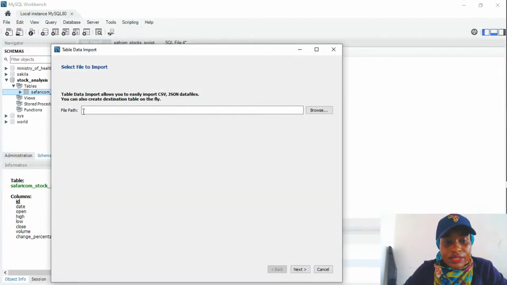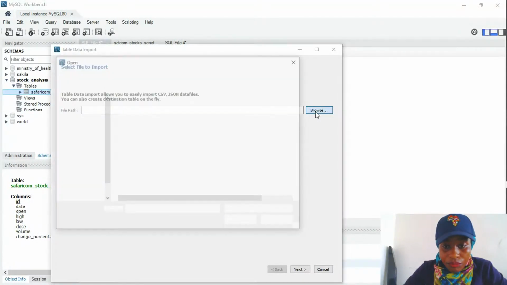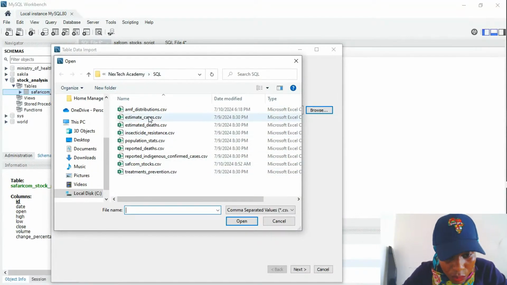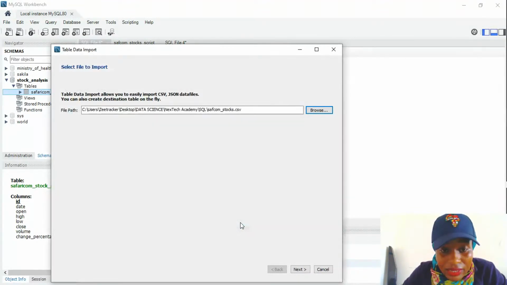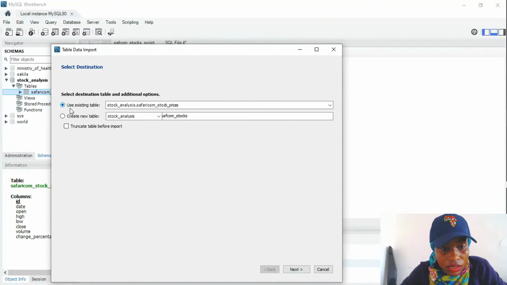Once you do that, we'll browse to the folder that has my table, and I think it's Safaricom stocks.csv. Open that, and then click on next.